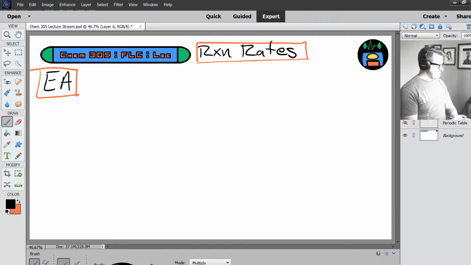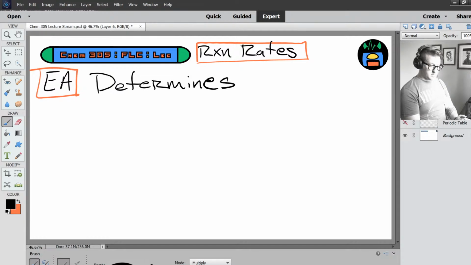The energy of activation is the biggest factor that determines how fast, or I should say, it determines the rate of the reaction.